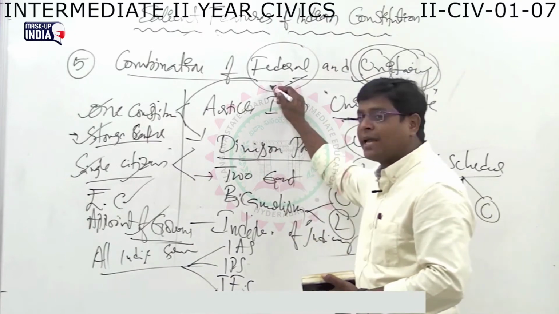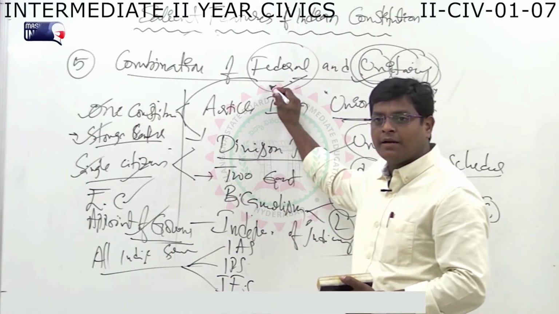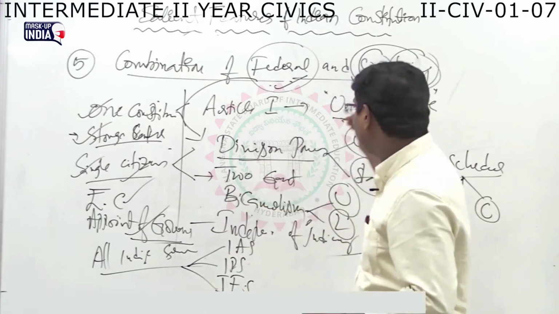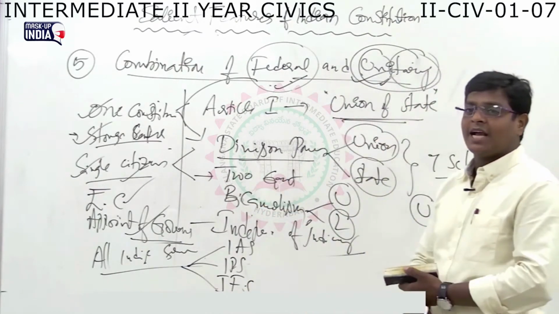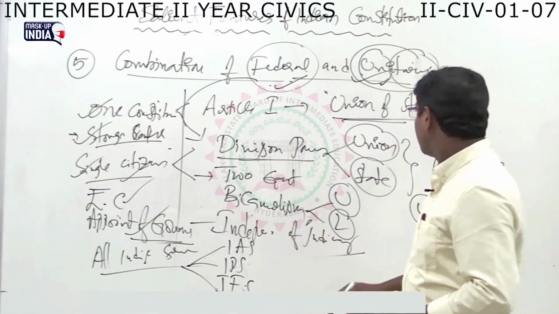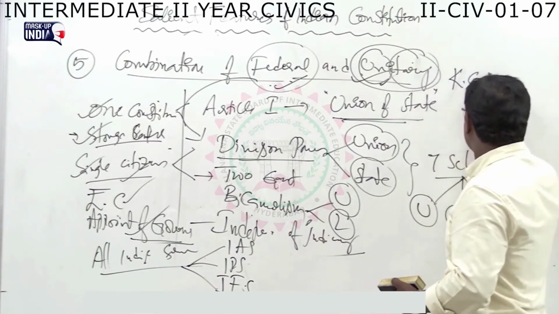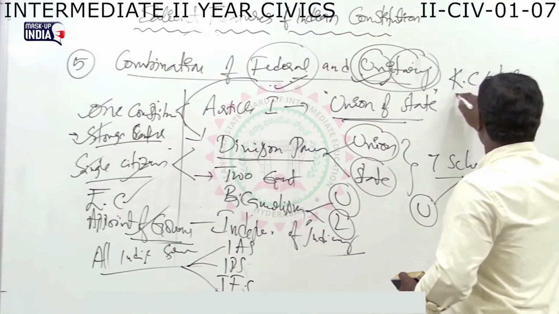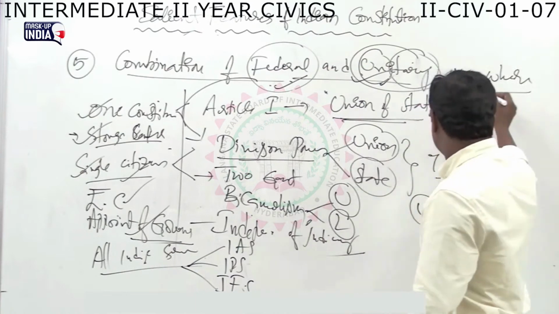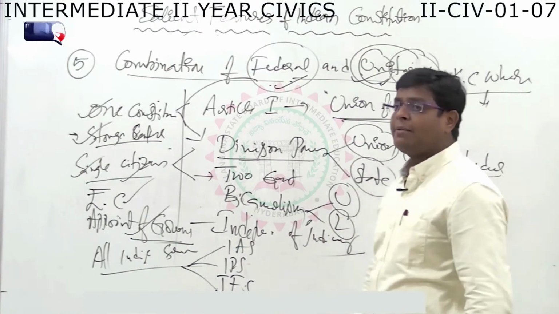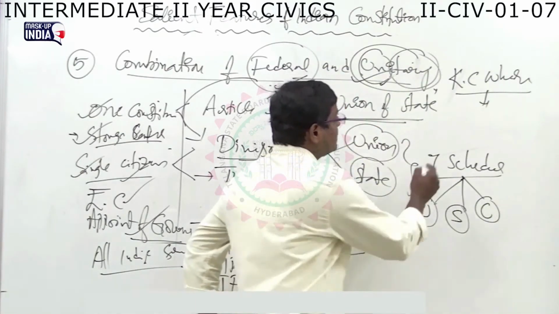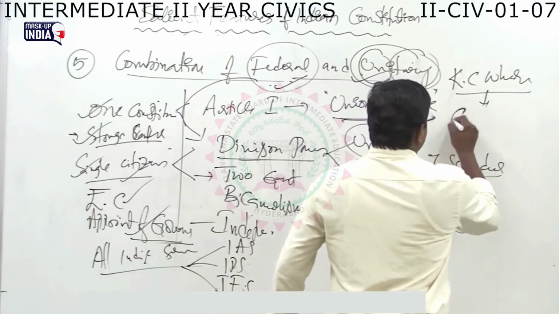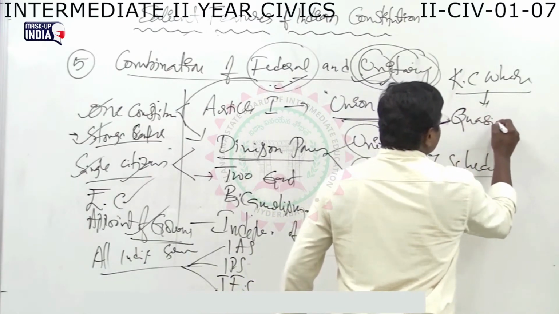In ordinary times, India is a federal government. In emergency times, India becomes a unitary government. You know very well K.C. Wheare, the popular constitutionalist. He described the Indian Constitution as quasi-federal.